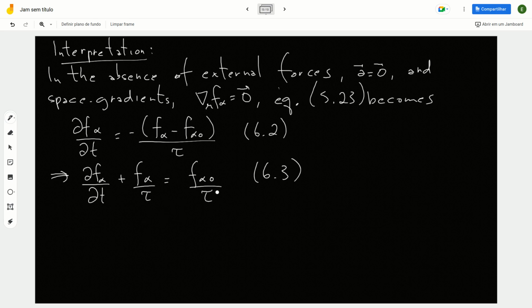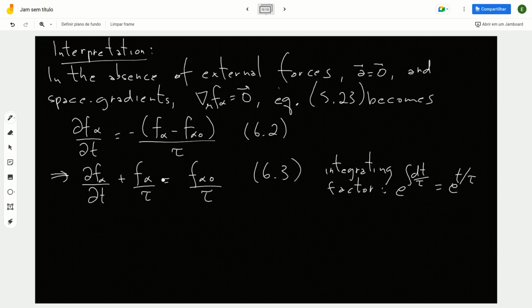And to solve this equation, we may use an integrating factor. You know this from linear ordinary differential equations. When you have it like this, the classic integrating factor is just the exponential of the integral of the coefficient of this term, 1 over tau, right? So it's like this.